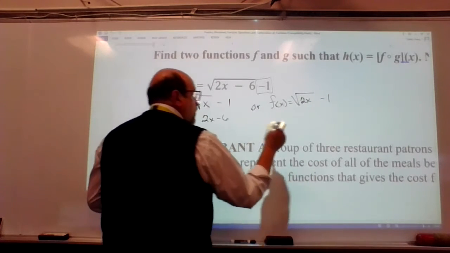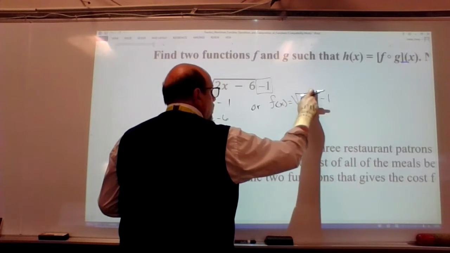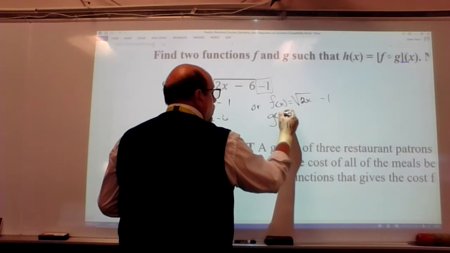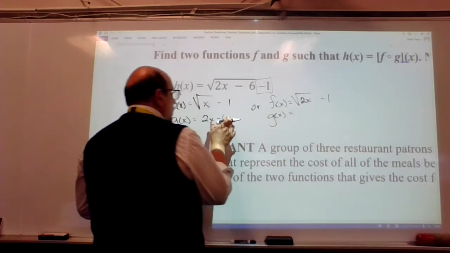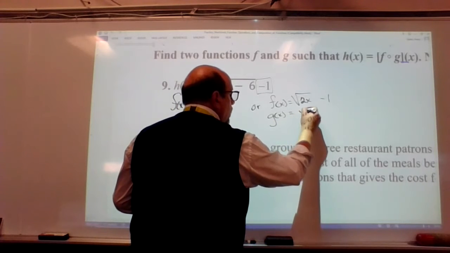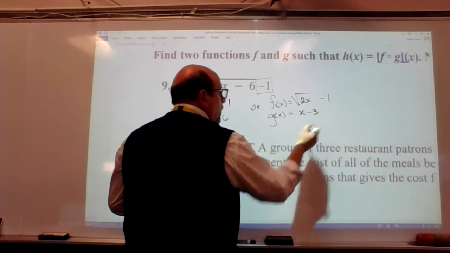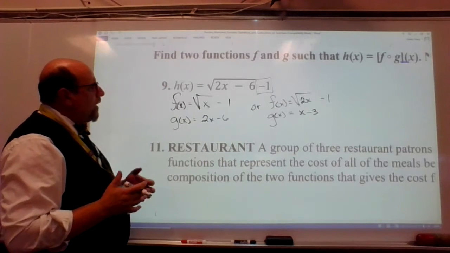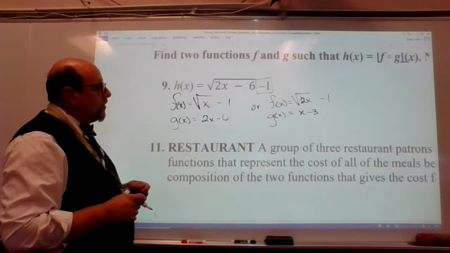Remember that minus 1 outside the square root symbol. And then g of x would have been, you factor out the 2, you get x minus 3. So there are the two ways that you could have gotten there. I don't think there are any other really cool ways you could have gotten there.